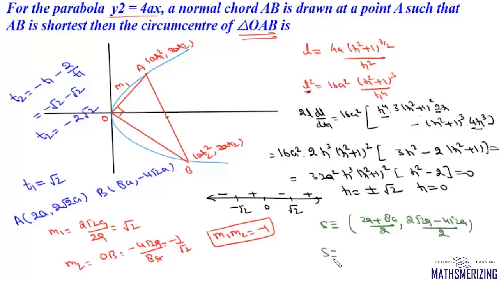So circumcenter of this triangle will be at (5a, minus root 2 a). Now if we take t1 as minus root 2, then we'll get another result, and I think that result will be (5a, root 2 a). So there'll be two answers possible in this question.